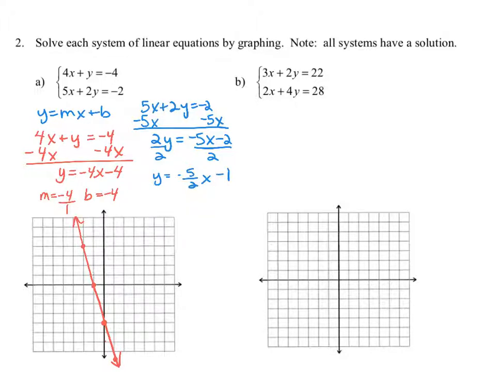And then our next step is to check the work. We want to check the solution -2, 4 by plugging it back into the original equations, both of them. We're going to replace the x in the first equation, so we get 4 times -2 plus y, where y is equal to 4. And we want to check to see if that equals -4.